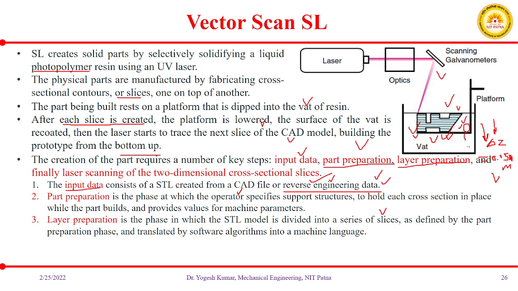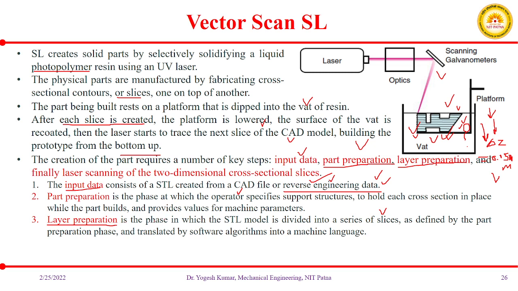There must be sufficient resin available on your platform. As soon as you solidify your first layer, you will require further liquid resin above this solidified layer. So for that you lower your build platform by a thickness equal to your layer height. These are details which need to be taken care of related to layer preparation.